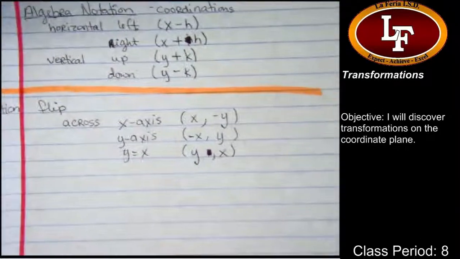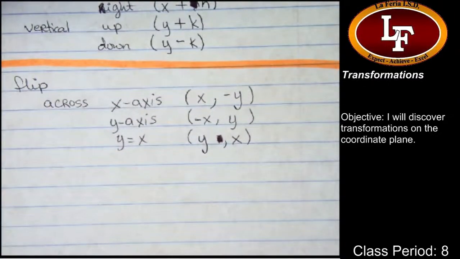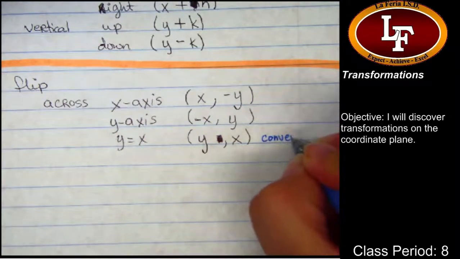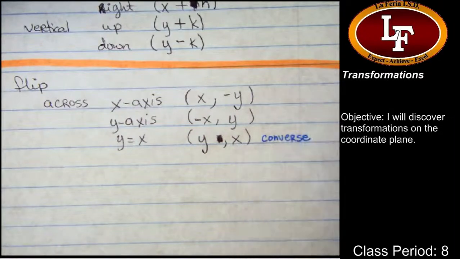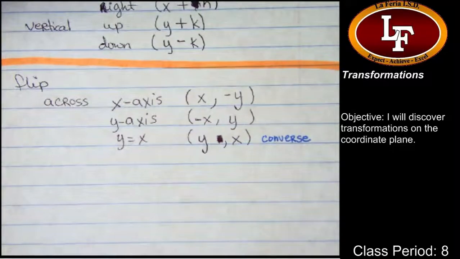Now, this should feel familiar from when we did the conditional statements. You can think of reflecting across the y equals x line as a converse, where you switched the hypothesis and the conclusion.